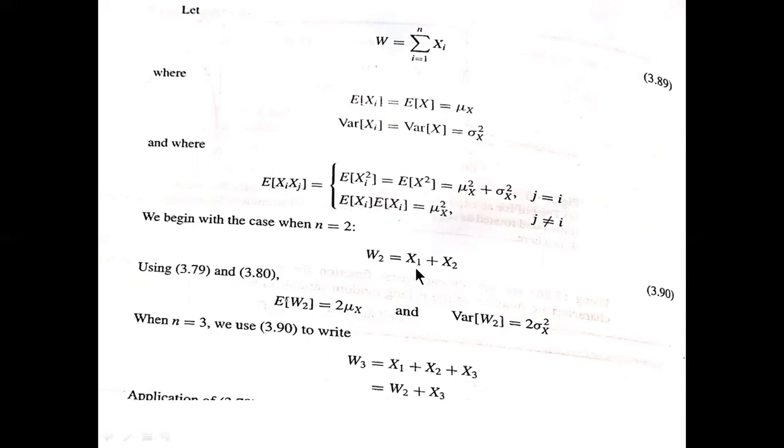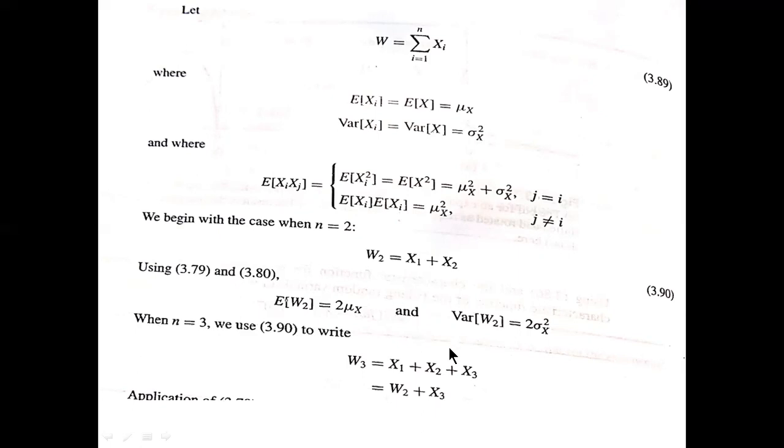The variance of w2 will be equal to the variance of x1 plus the variance of x2. Since x1 and x2 are both the same, with variance sigma x square, because they are just observations of x, hence that will become twice sigma x square.